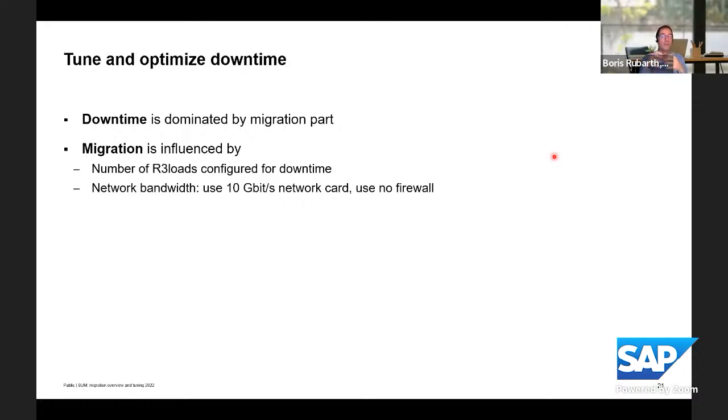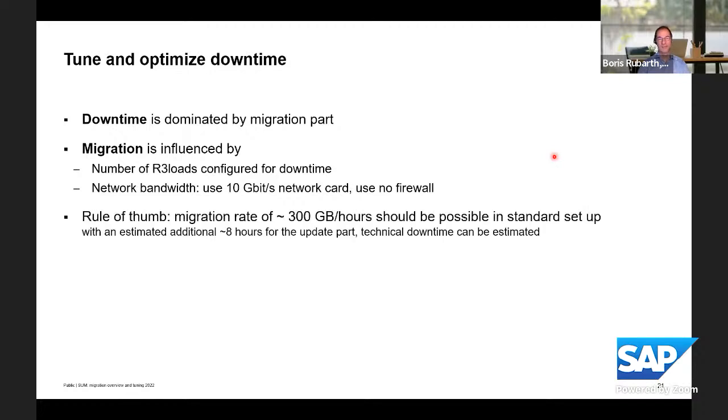They all run on the same host on which we have started the software update manager. And of course, you need a good network bandwidth. So you need at least this 10 gigabits per second network card, and take care that there's no firewall blocking or shrinking down the bandwidth, the transfer rate of your procedure.